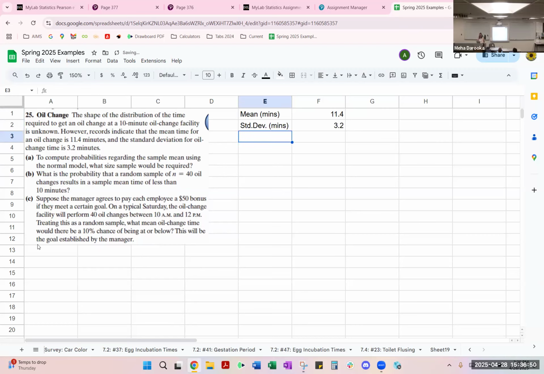To compute probabilities regarding the sample mean using the normal model, what sample size would be required? So for us to use the normal model, what's our cutoff for the sample size? Yep, n has to be greater than or equal to 30.